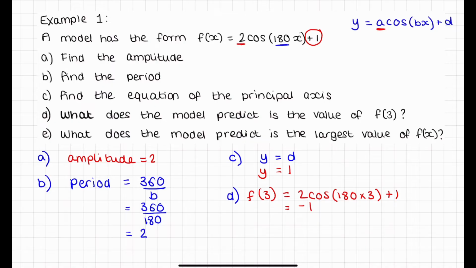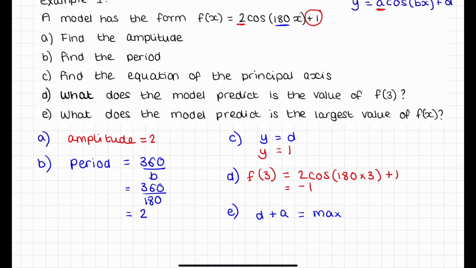Now the largest value the model predicts is the maximum, and so we look, remember for this one, we do d plus a. Because d is the middle of the graph, a is how high the graph goes, so we add those two together, which means we'll have 1 plus 2, so our maximum is at 3.